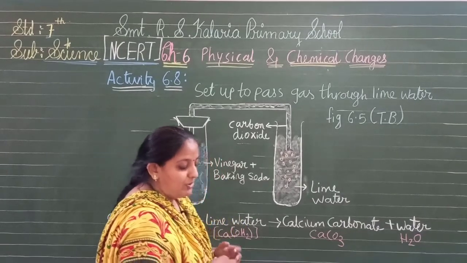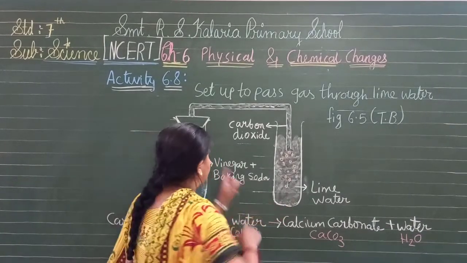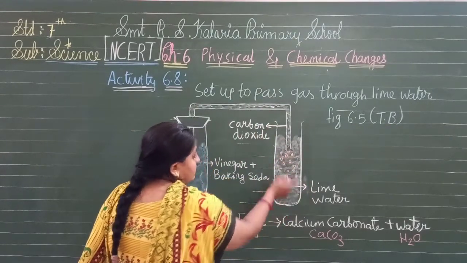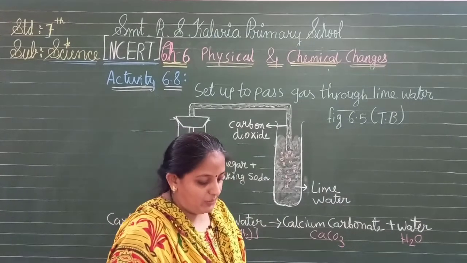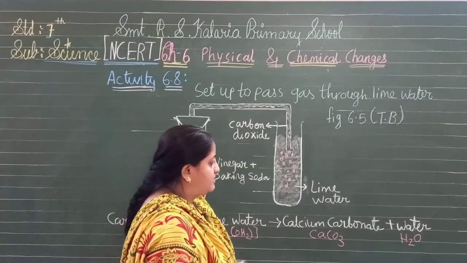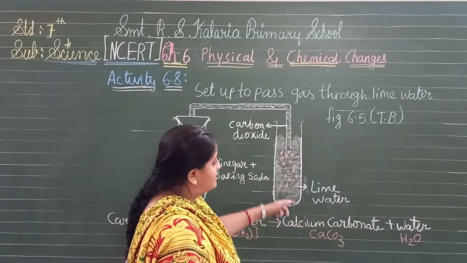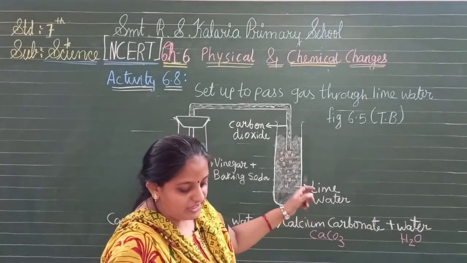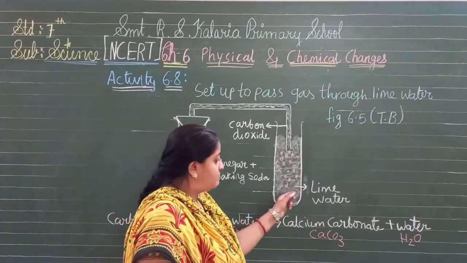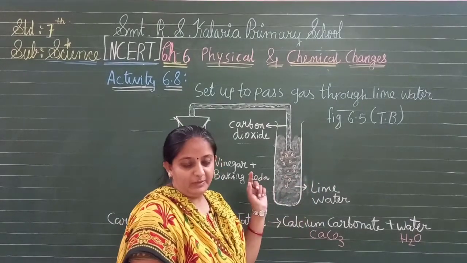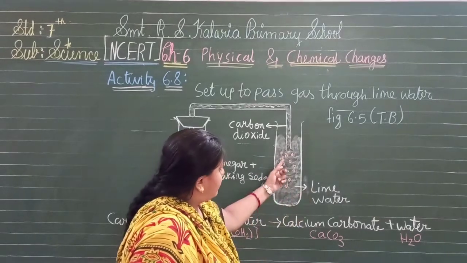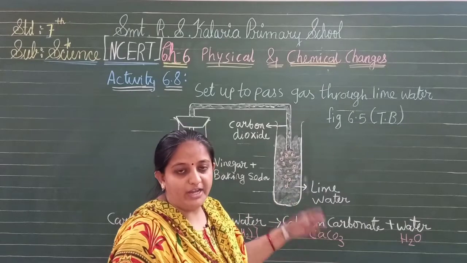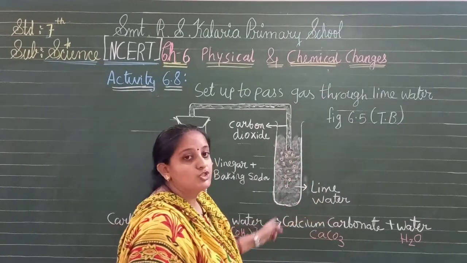The second reason: the chemical reaction between carbon dioxide and lime water. ये गैस बना carbon dioxide between the lime water. The chemical reaction between carbon dioxide and lime water takes place and calcium carbonate is formed. Calcium carbonate is a white substance, insoluble in water, and that makes the lime water milky. वो क्या हुआ, lime water with carbon dioxide mix and calcium carbonate is formed, and due to this the lime water turns milky.